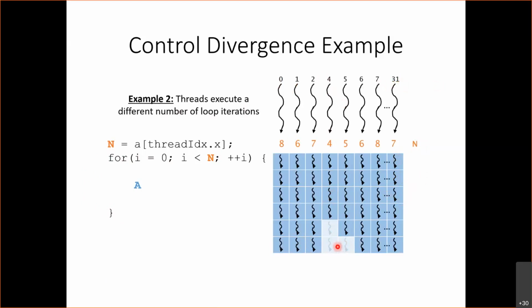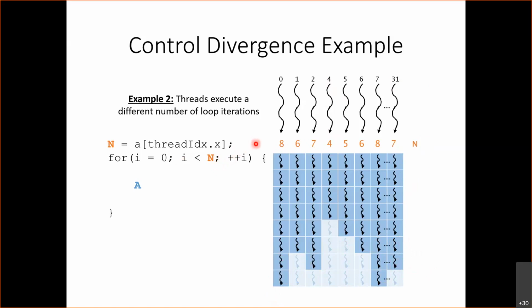However, they can't go and do something else, right? They're bound by these other threads because of SIMT. Later on, some more threads drop out, and then finally some more. If the largest iteration count is 8, then once I'm done with all 8 iterations, all threads can continue together. This can really hurt you if you're not careful.